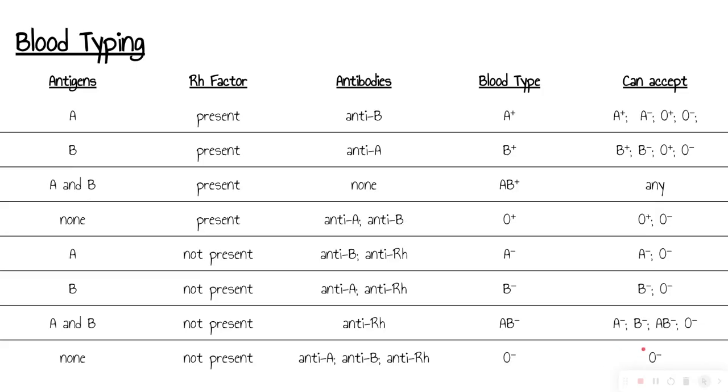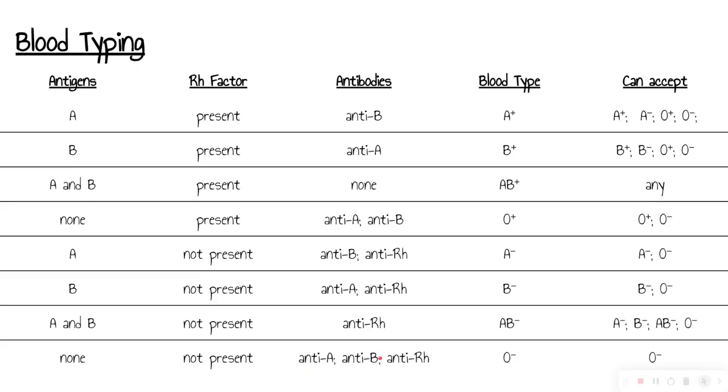The only problem is if you have O negative blood, you can only accept from someone else with O negative blood. And that's because since you have no antigens and you do not have the Rh factor, your blood is producing antibodies for all three of those. So if someone with type A blood donates to you, those anti-A antibodies are going to attack the A antigens.